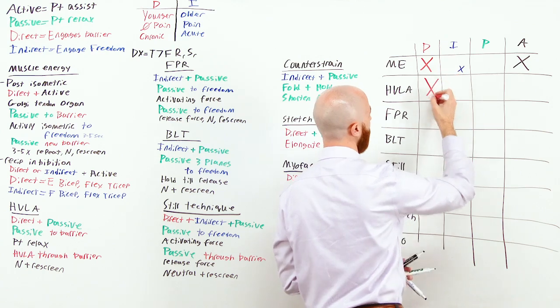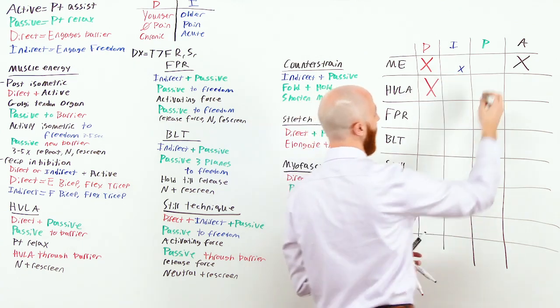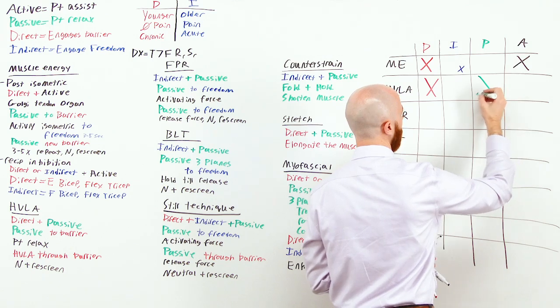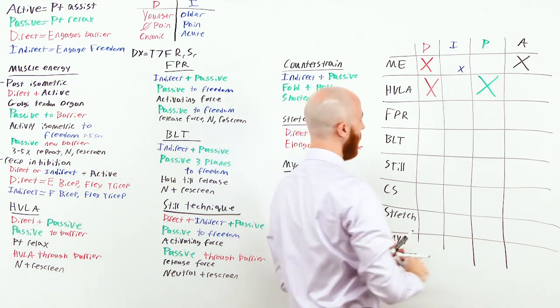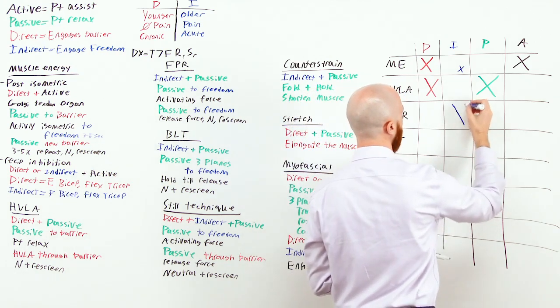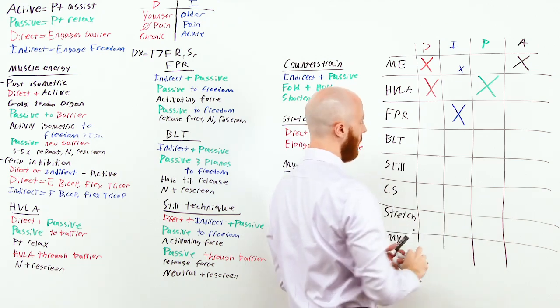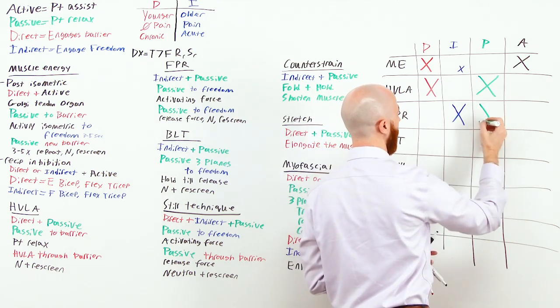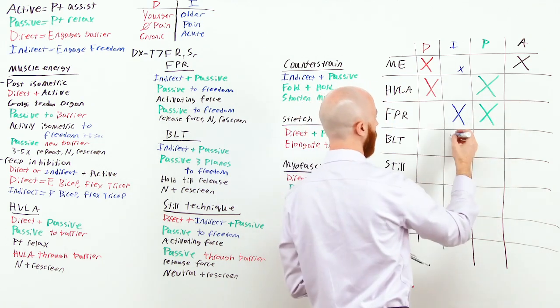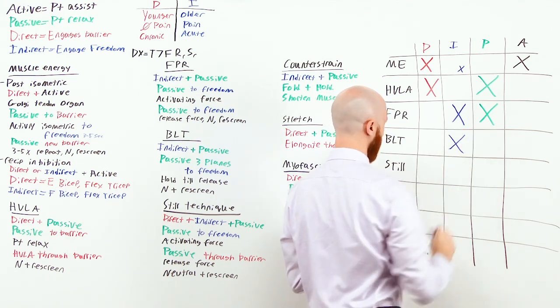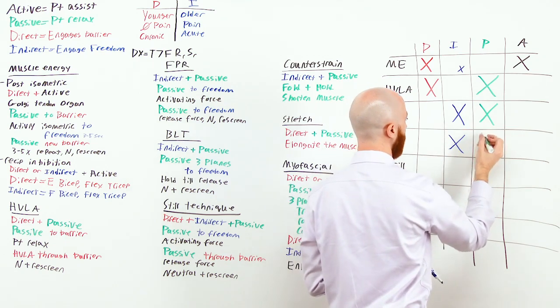You directly engage the barrier. The treatment is passive because the patient relaxes. The patient doesn't do anything. FPR is indirect, where you engage the freedom, and it's passive because the patient does not help you during treatment. BLT is the same, where it's all indirect, and it's a passive treatment.